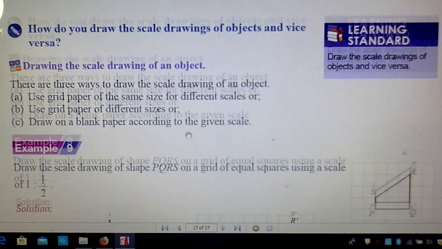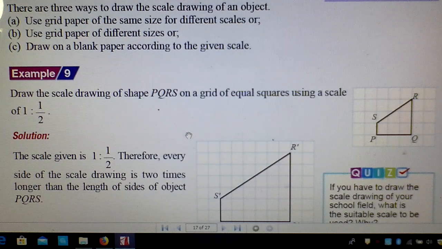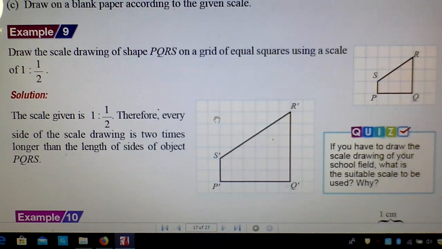Draw the scale drawing of shape PQRS on a grid of equal squares using the scale 1 to 1 over 2. So the scale given is 1 to half. Therefore, every side of the scale drawing is 2 times longer than the length of the side of the object.